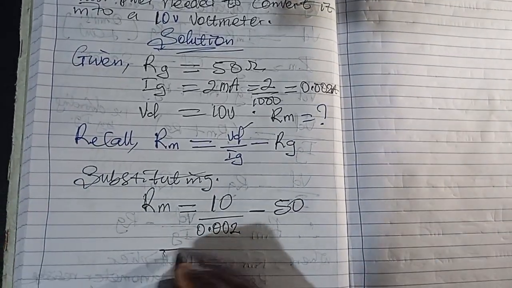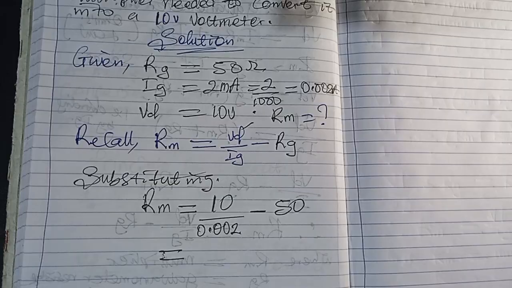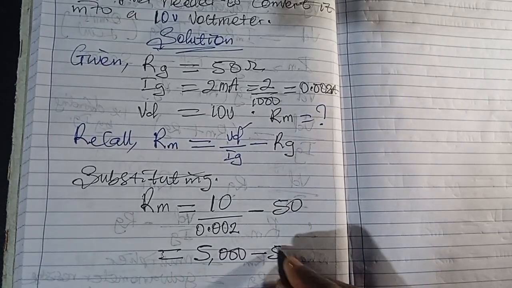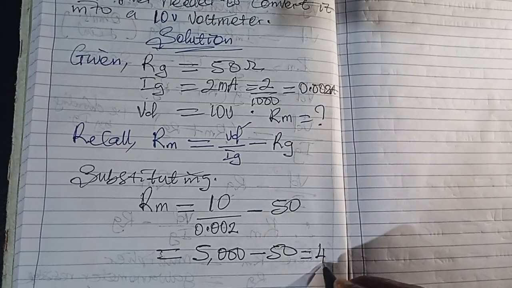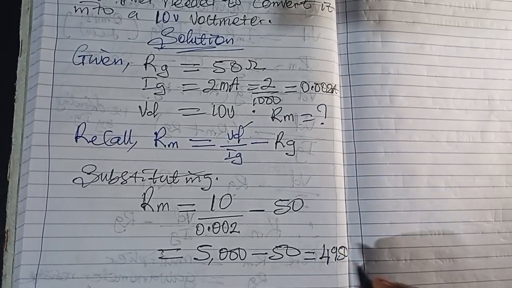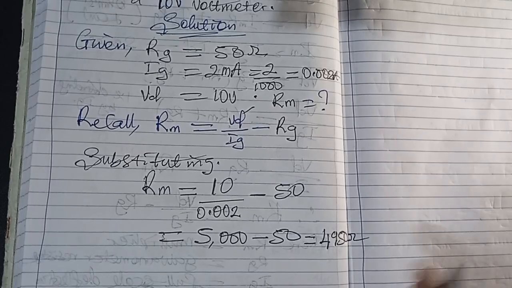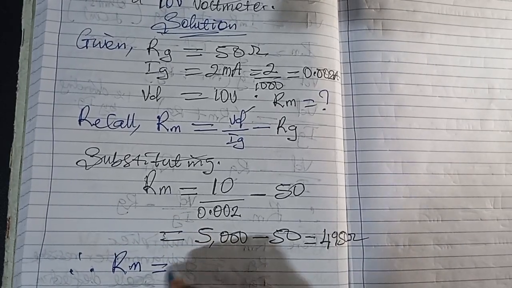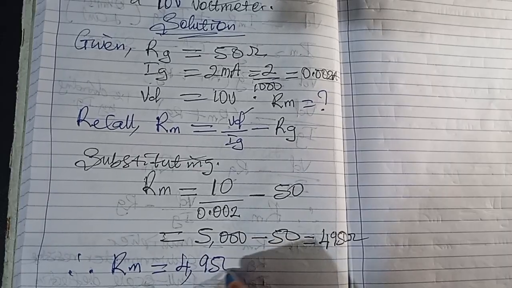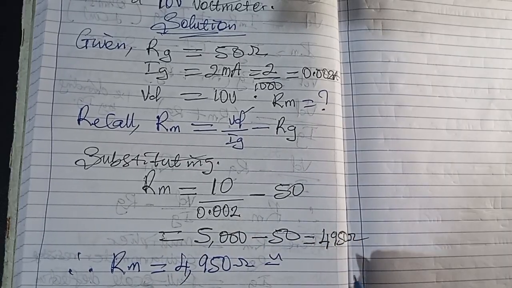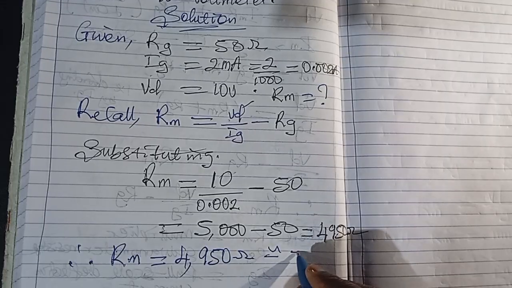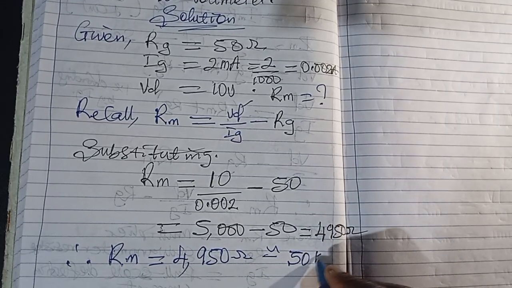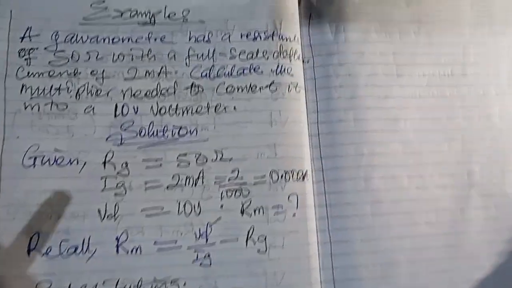So this will give us 10 divided by 0.002, which is 5,000, minus 50. This will give us 4,950 in ohms. Therefore, Rm is equal to 4,950 ohms, or we can just say approximately 5 kilo ohms.